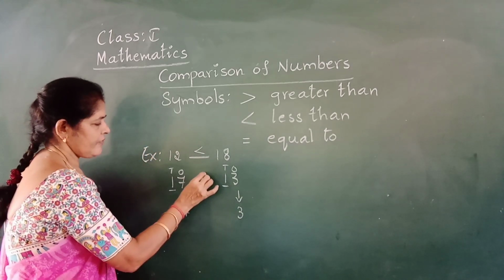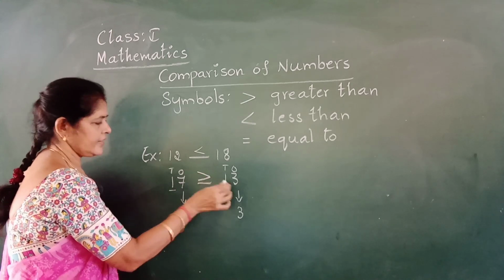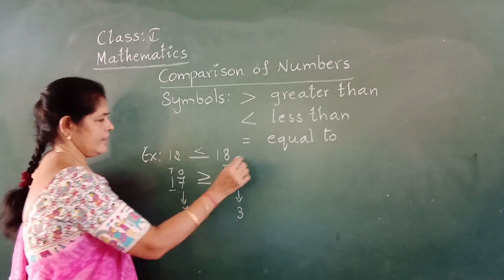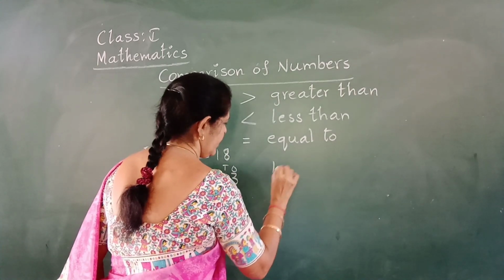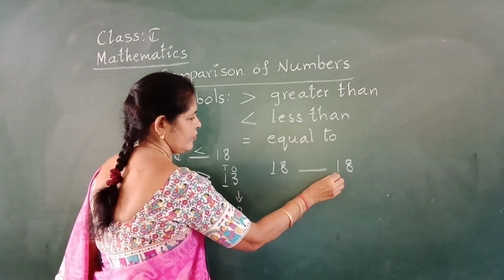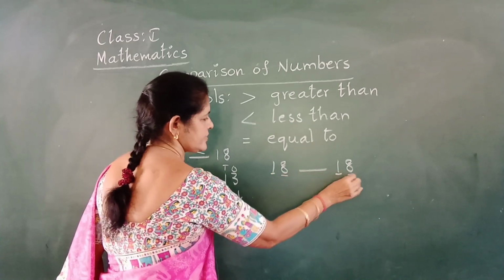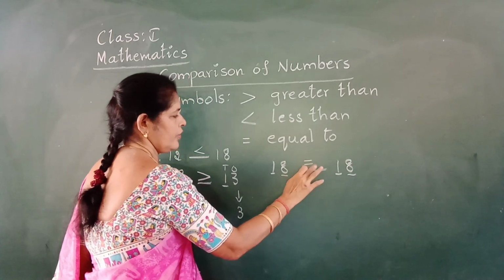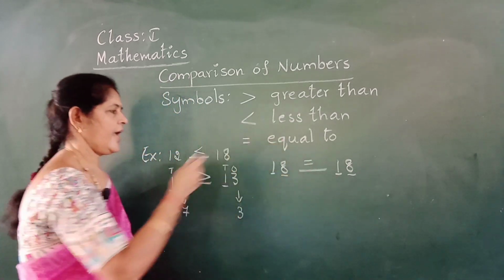That means 17 is greater than 13. Another example. 18 and 18. 1 ten, 1 ten. 8 ones, 8 ones. Both are the same, so 18 equal to 18.